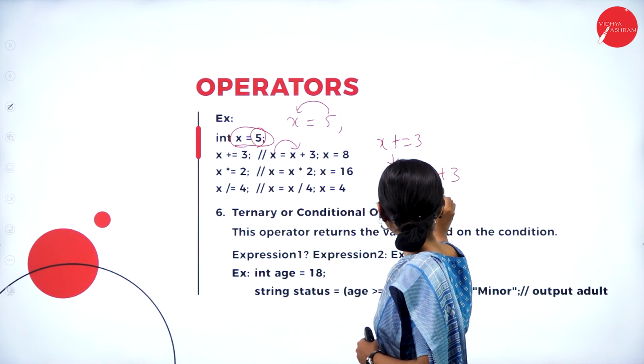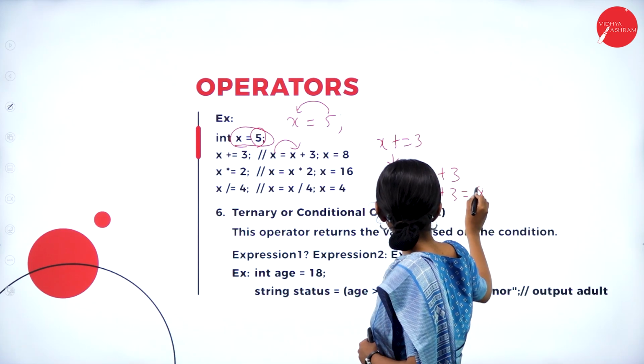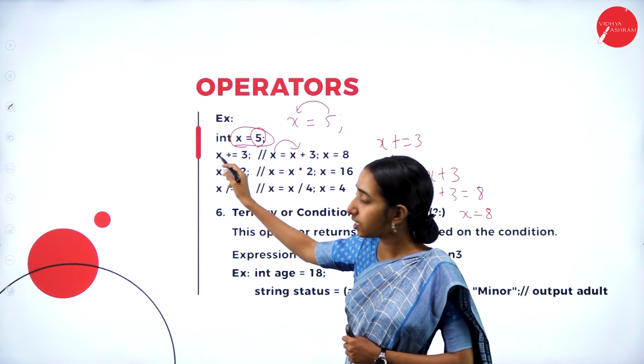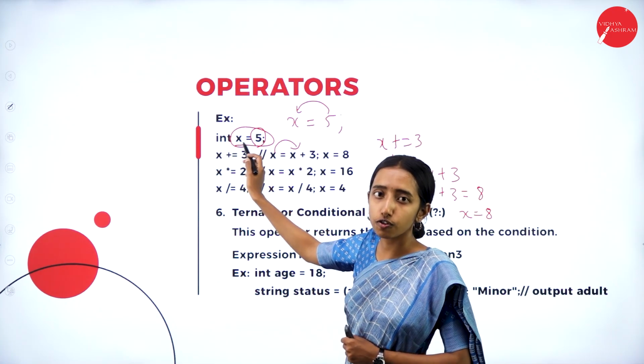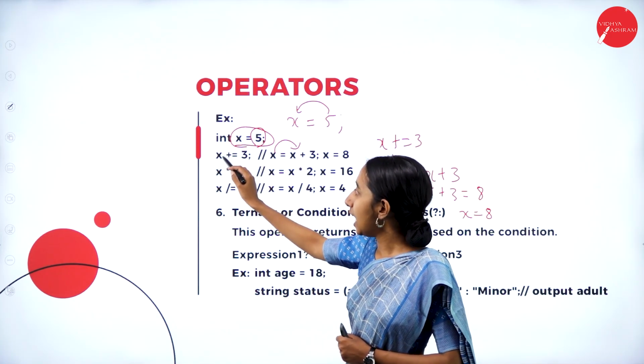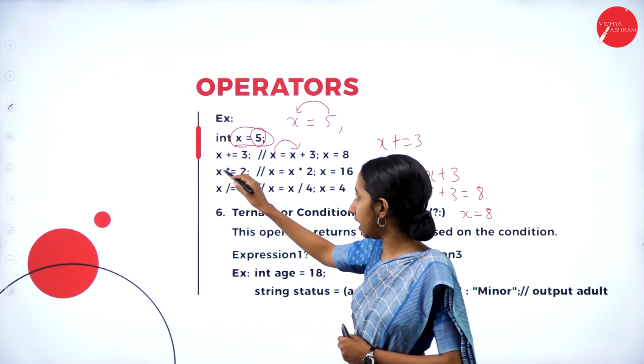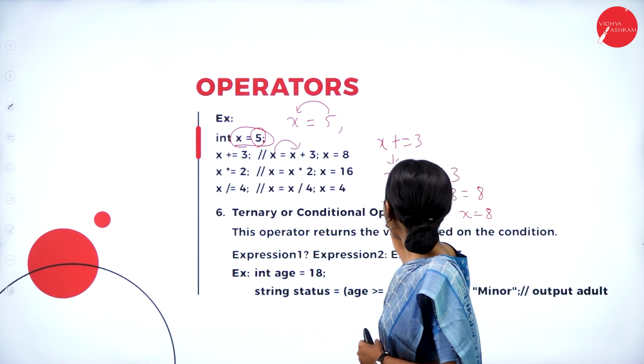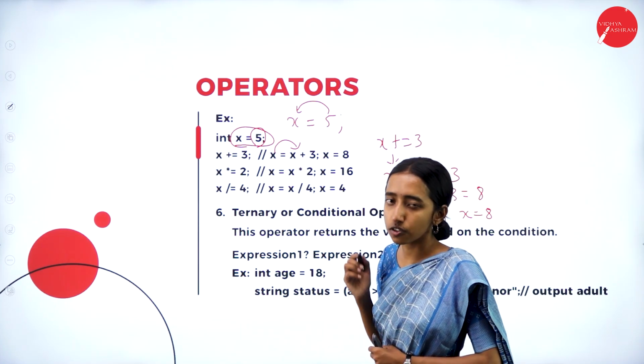So 5 plus 3, it is 8. x becomes 8 because already I have assigned the value x = 5.